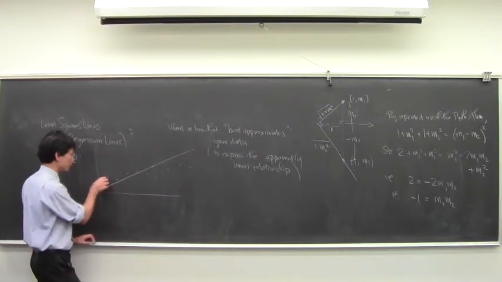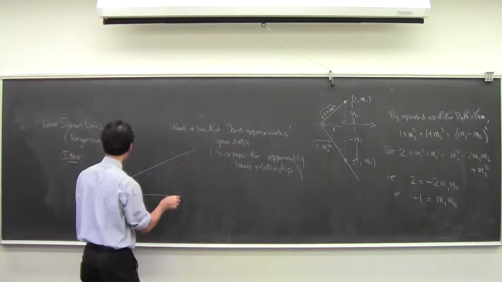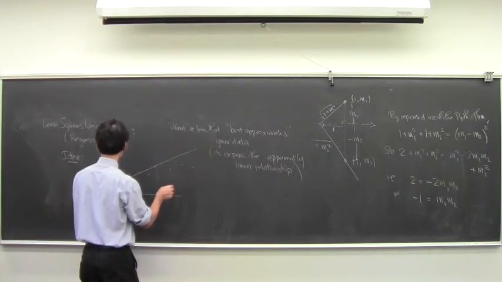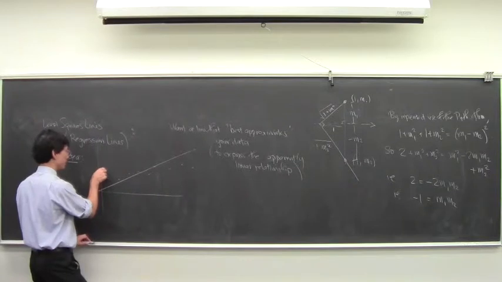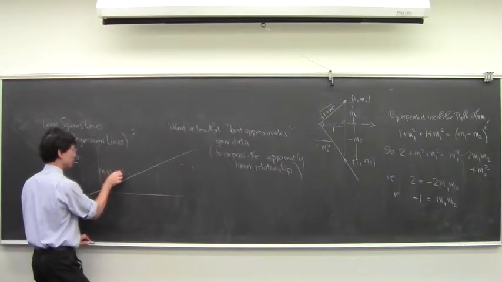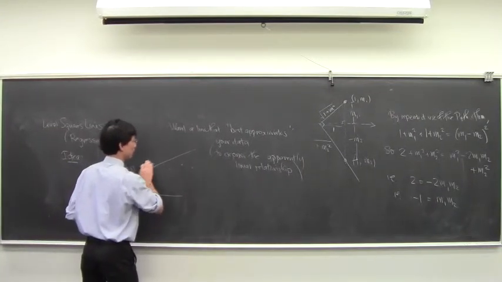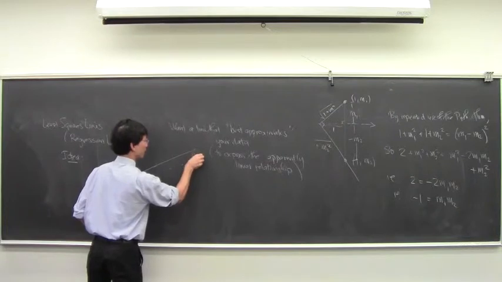So what you do is you take your line. Here are my points: x1, y1, x2, y2, x3, y3, and so on, up to xn, yn.